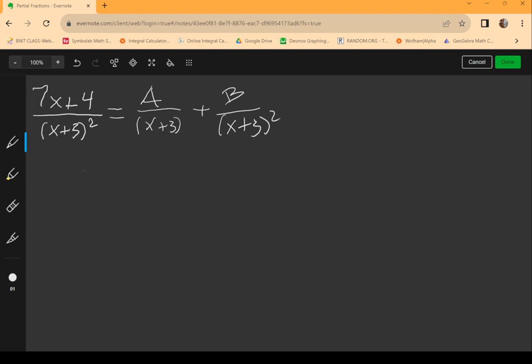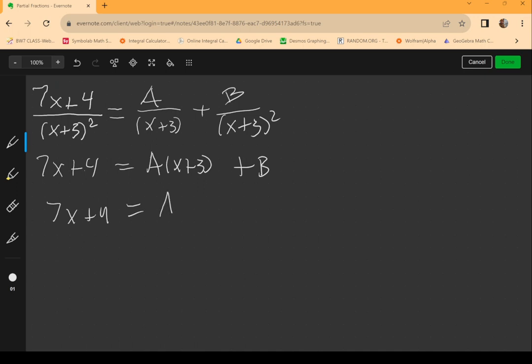So we would now multiply both sides by this x plus 3 squared. And here we get 7x plus 4. Here, one of the factors reduces, so we're left with a times x plus 3. And here they both reduce, so we get b, or simply just b. All right, and now we distribute that a.